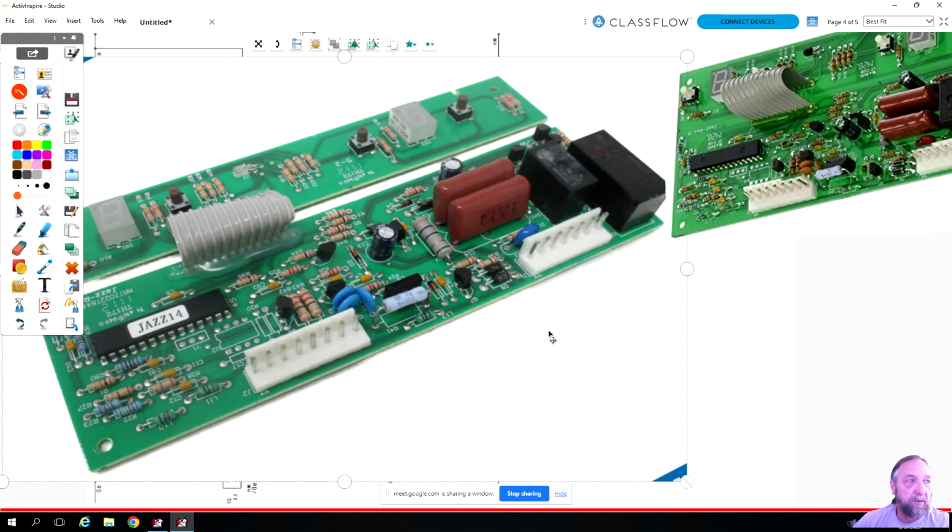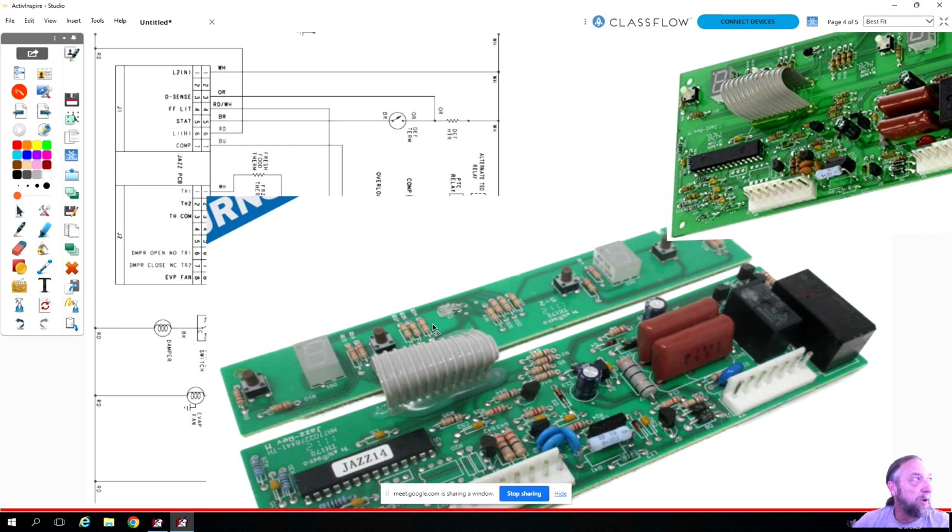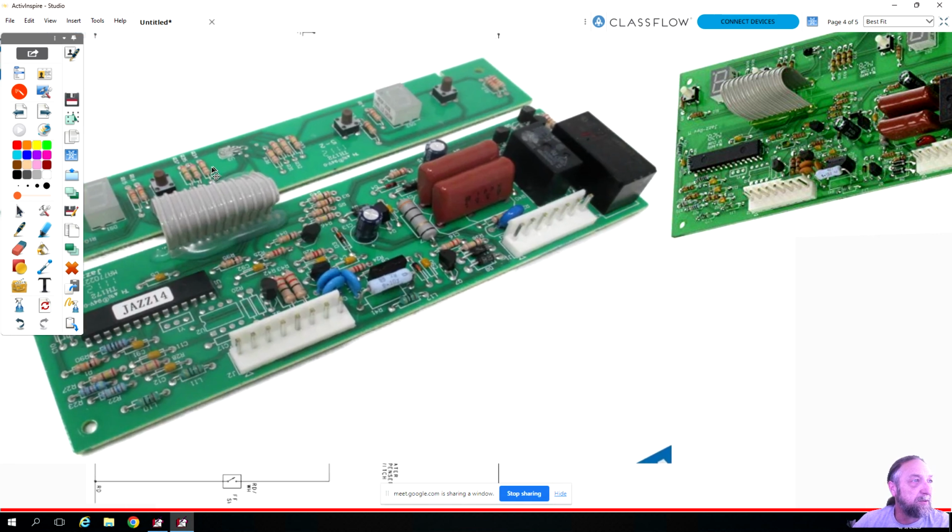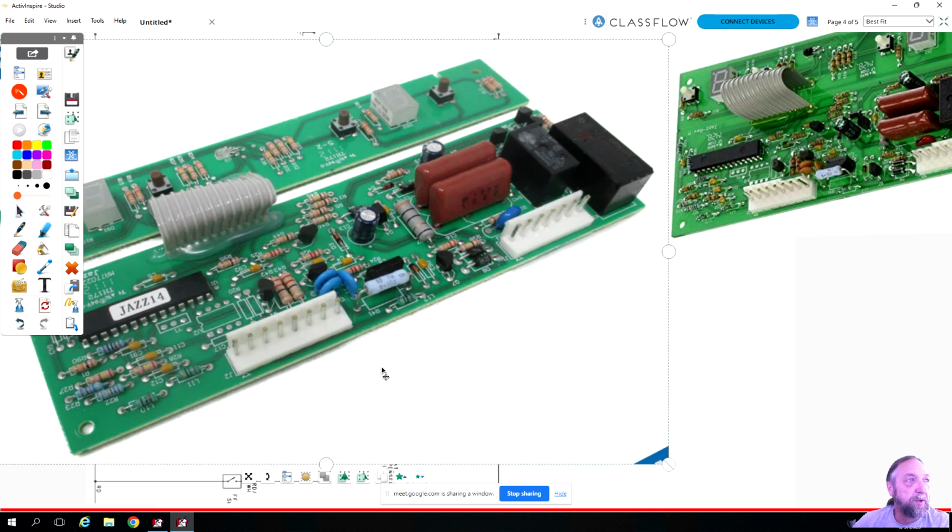Now, without looking at the schematic, we need J1, pin 1 and 6. How do I know which one is pin 1 and pin 6 by looking at that board? There's something right there that should give you more information. There's an arrow that points to pin 1. That is correct.